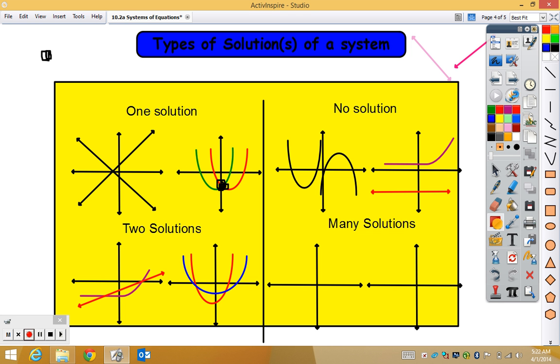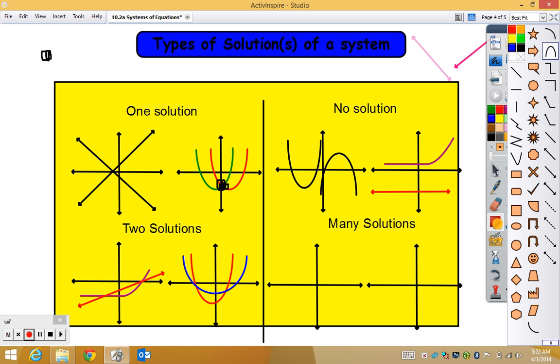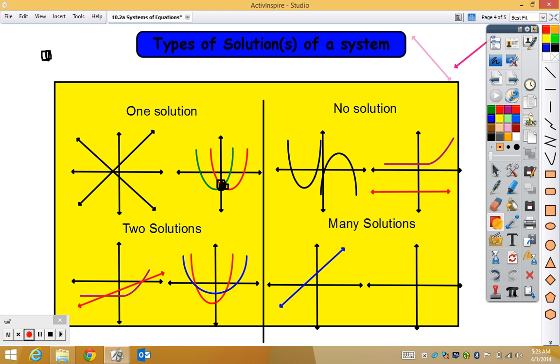Or we can have many solutions. Now this one's only going to happen when you have two of the same function, like linear. In that situation, a many-solution case would be the exact same line, so they're on top of each other.